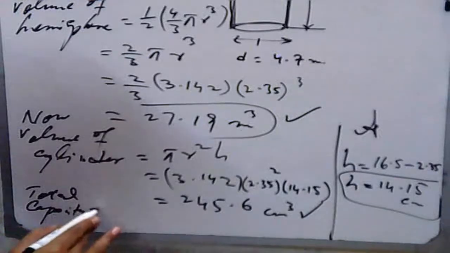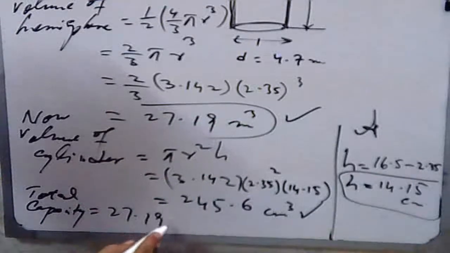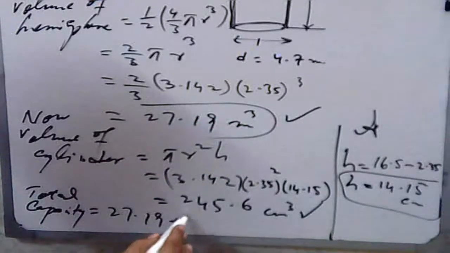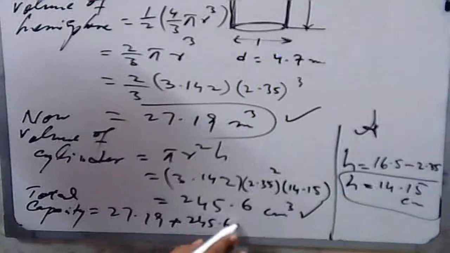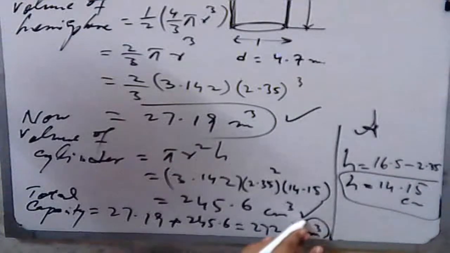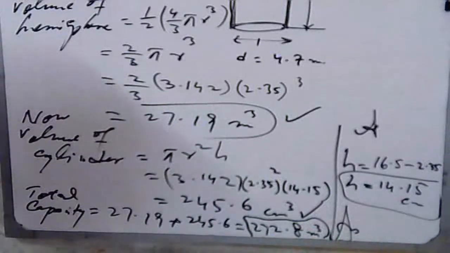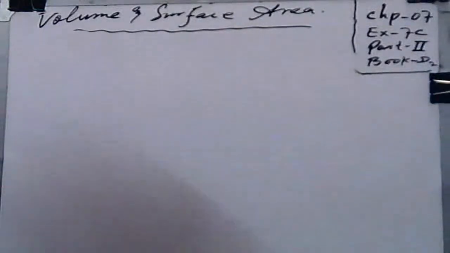Coming to question number 16. Read the statement. The diagram below shows a solid consisting of a cone and a cylinder with a common base. Find the volume of the solid. So you have to draw the configuration once again.